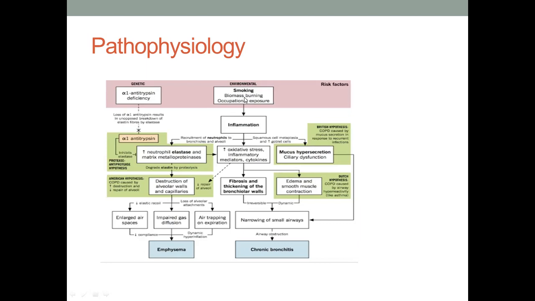When biomass, smoking, dust enters the lung, inflammation is created, and then there will be increased neutrophil elastase and MMP, matrix metalloproteinases, which lead to the destruction of the alveolar wall and capillaries.